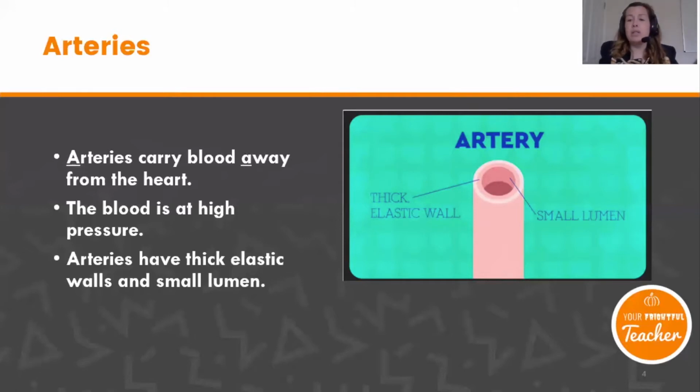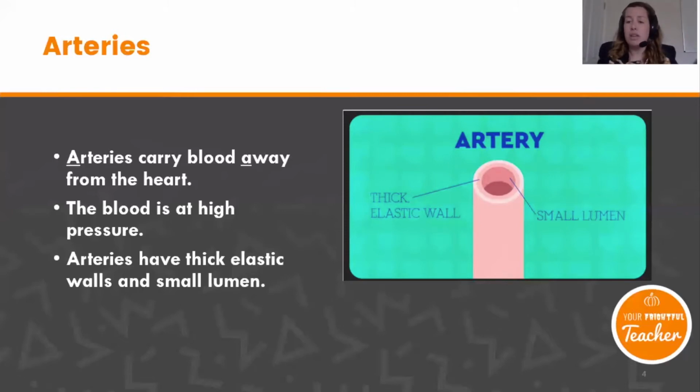If you think about water trickling out the end of a hose and you want to squirt someone further away, you would put your thumb over the end of that hose and make the hole smaller. That's going to increase the pressure so the water shoots out further and gets the person you're trying to get. Arteries are the same.